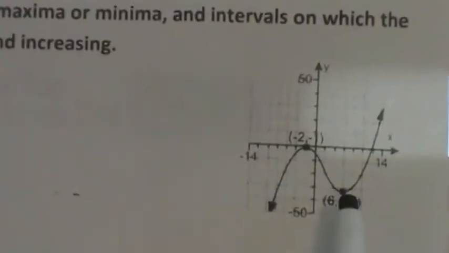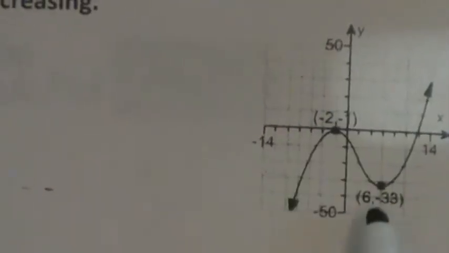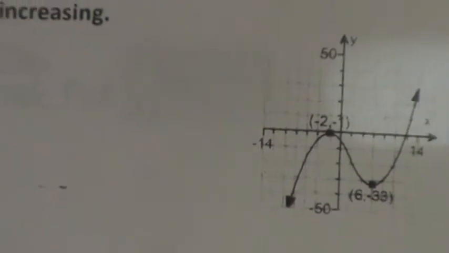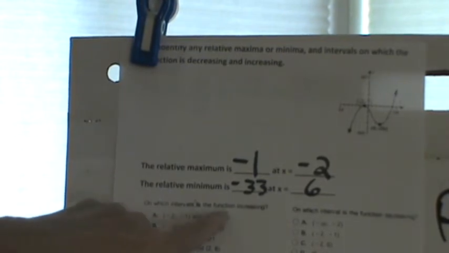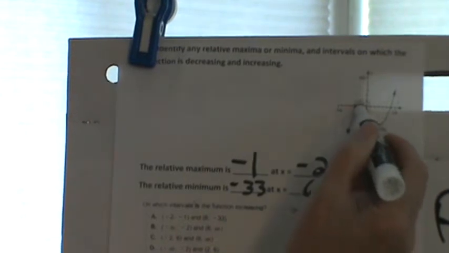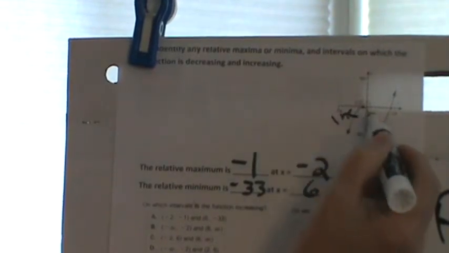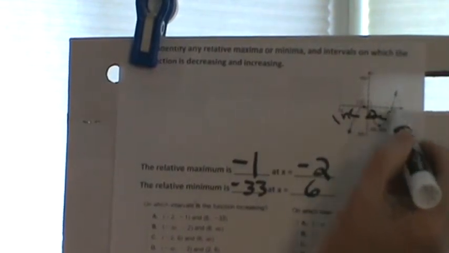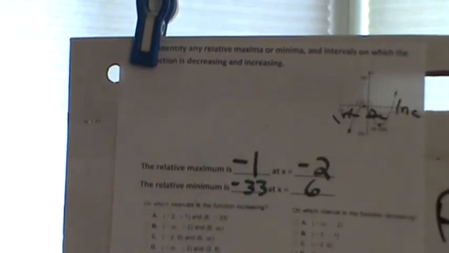The relative minimum is this one. Because see, that's the lowest point that's not infinities. So it'll be -33 at x equals 6. So on which interval is it increasing? Start at your left. Sure enough, it's increasing right there. Then it's decreasing, but then it's increasing again over here.